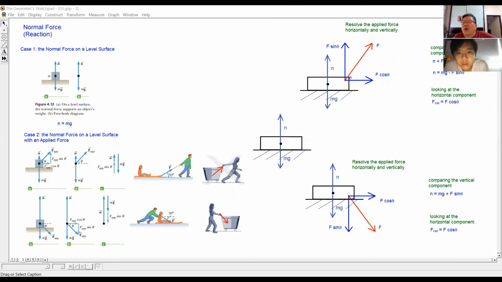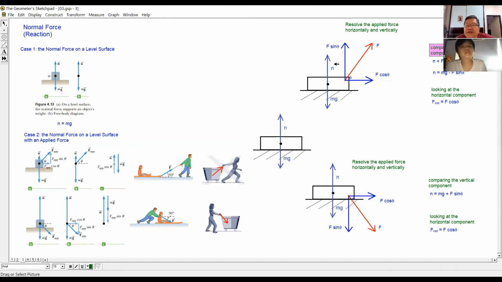Okay, so comparing the vertical components of the forces. How many vertical components are there? The normal reaction, F sine theta, and the mg. These are the three forces acting vertically. Now, when there are three forces acting vertically, your trolley is not jumping up and down. Your trolley is still moving horizontally.